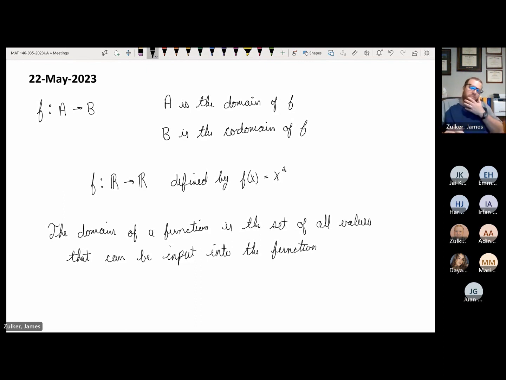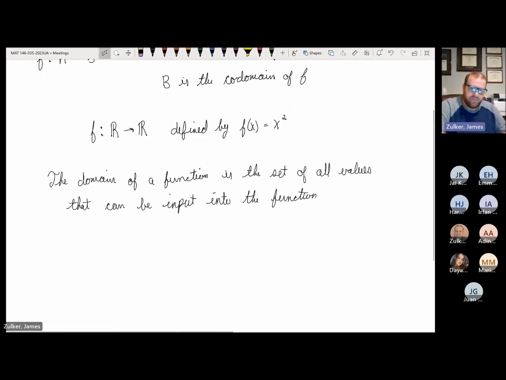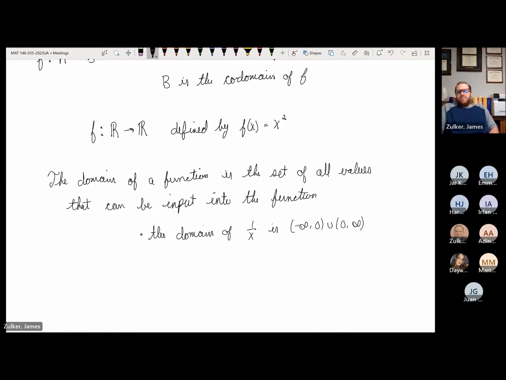Right. So for example, the domain of 1 over x is all real numbers except for 0. Right, so it's negative infinity to 0 unioned with 0 to infinity.